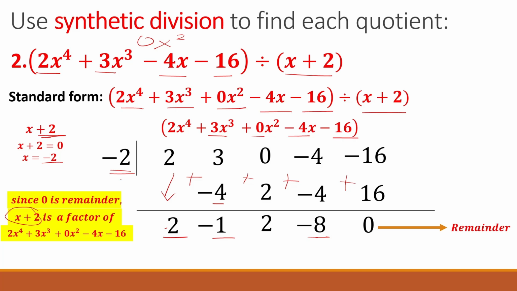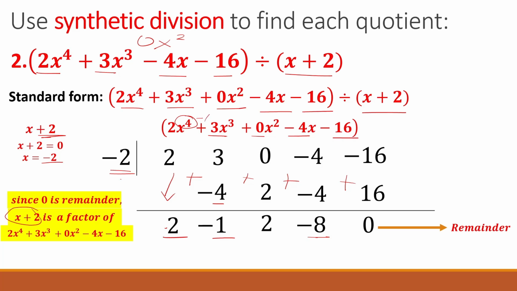Later on, we will discuss the factor theorem and the remainder theorem. We will discuss that further. For now, just note that if the remainder is 0, then the given divisor is a factor of the given dividend. So what is now our quotient? Since the degree is 4, we subtract one.